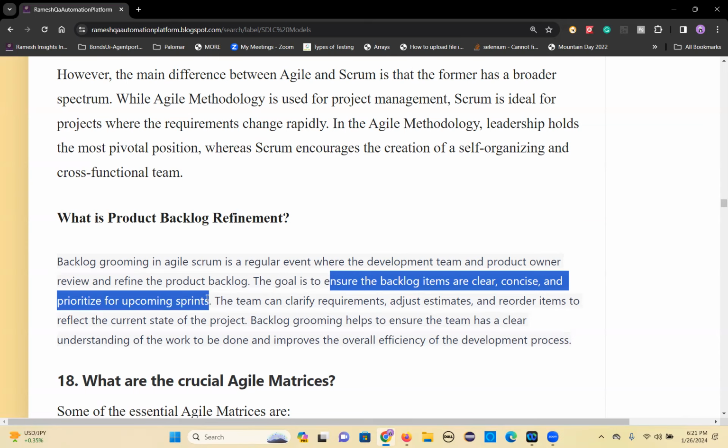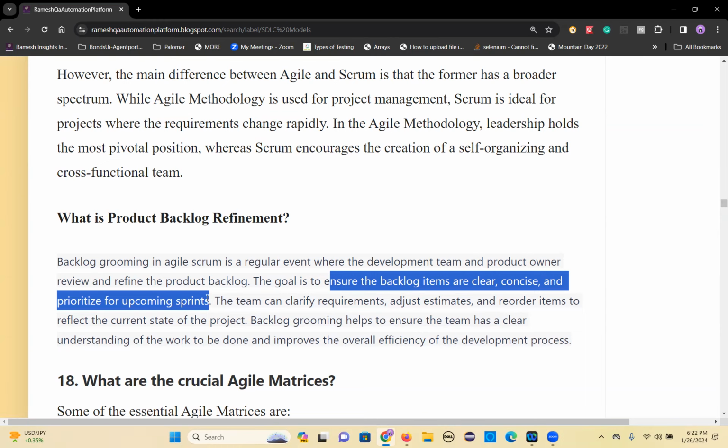Product backlog means that it is not assigned to you. It is there in the product backlog repository, and for an upcoming sprint, they are going to take it up. You're going to take it up in the next sprint, not in the current sprint. Before taking it up, the product owner will set up a meeting.